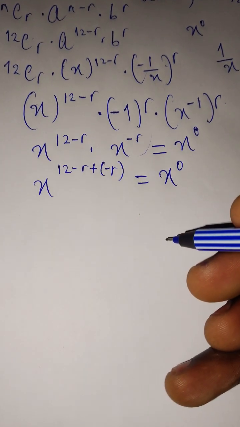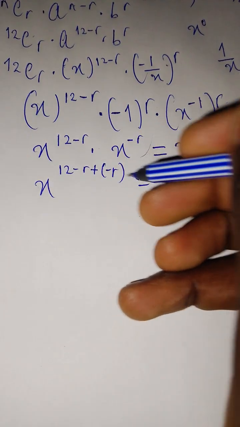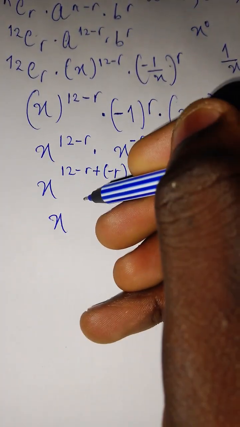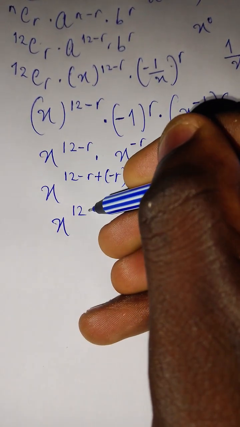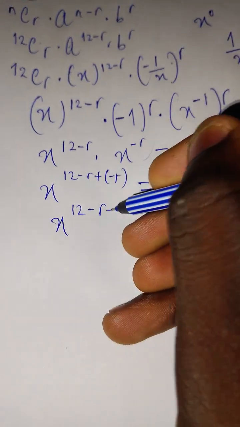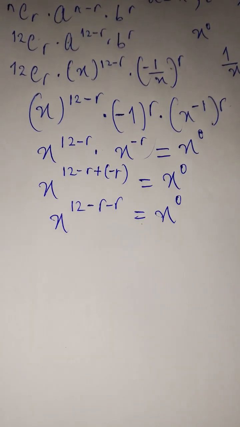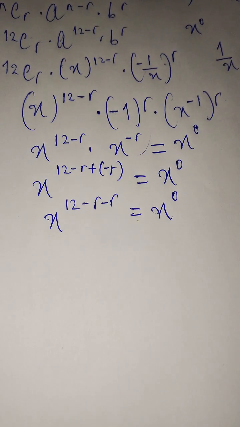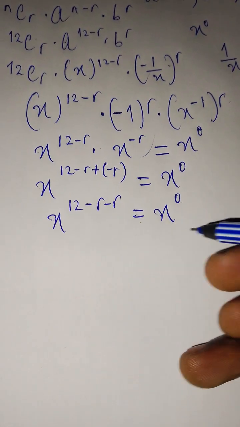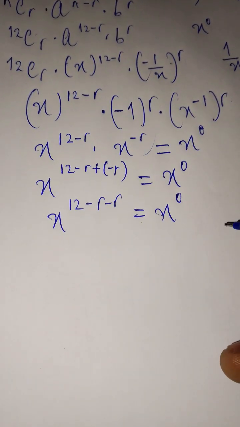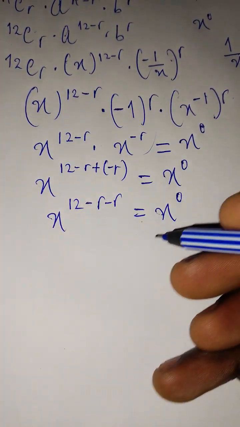So we multiply positive times negative, that is negative r. So we're going to say x^(12 minus r minus r) is equal to x raised to the power 0. Since the bases are the same and this is an equation, meaning that what is on the left is equal to what is on the right, we're going to just equate the powers.